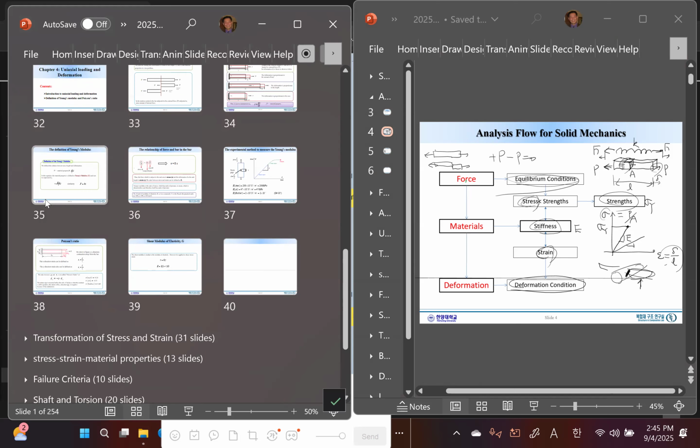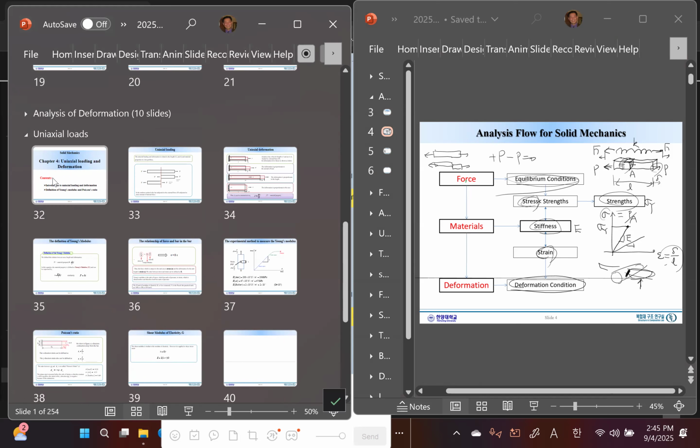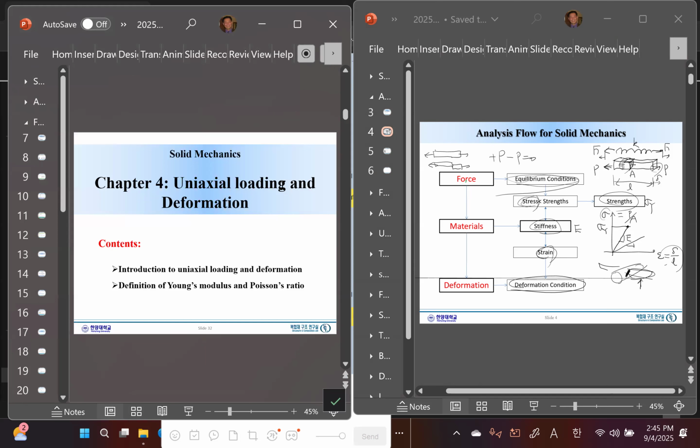Now uniaxial loading and deformation. Load and deformation. What's the subject? Load and deformation is like the spring, F and Kx. F and X. So it is about K. It's a way of defining material property, stiffness.